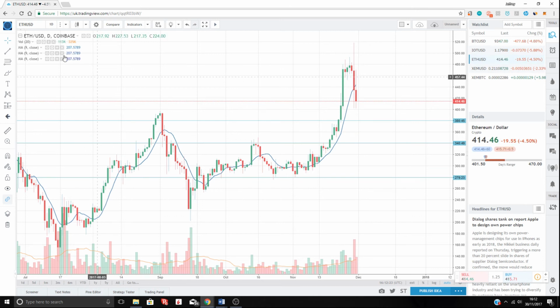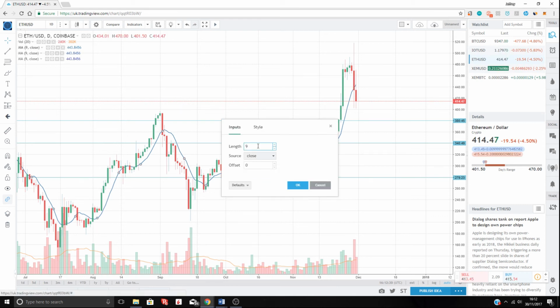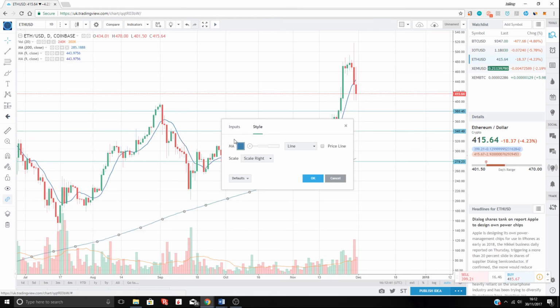So let's change the settings on some of these. Let's go here, inputs. Let's change this to 200. Let's change the color just to make it a bit clear. Let's make it red.